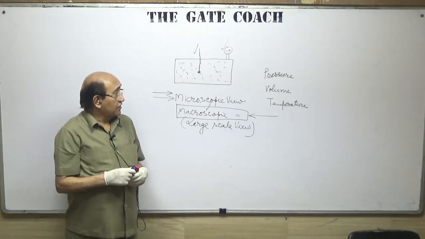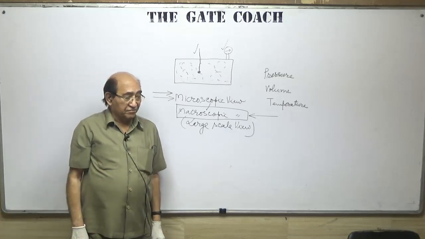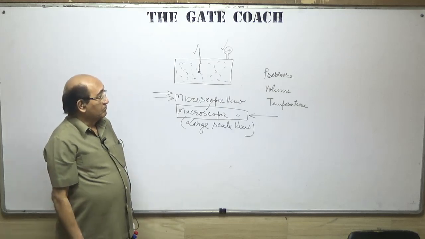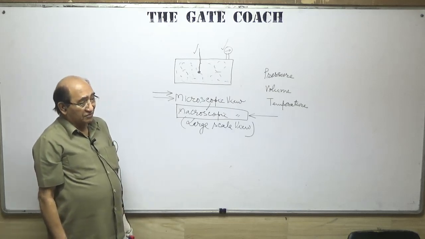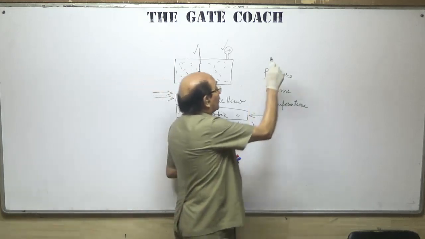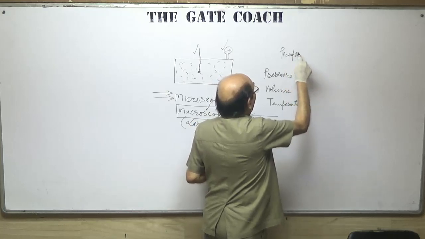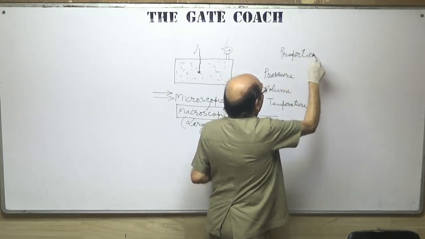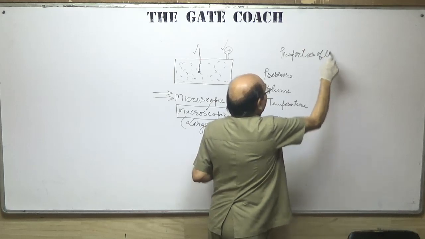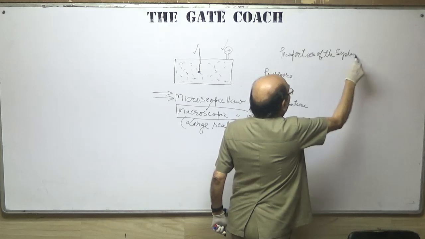Now friends, I took the example of pressure, volume and temperature. What are these three terms? They are called properties of the system.